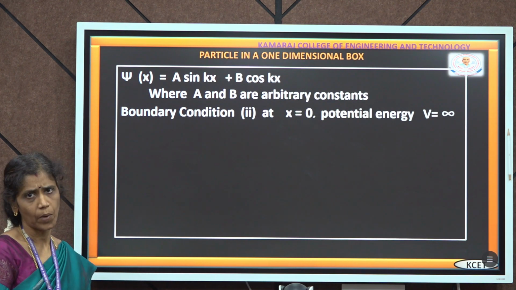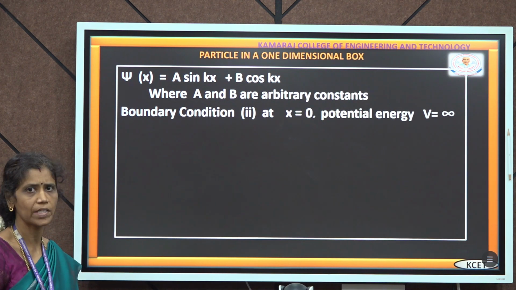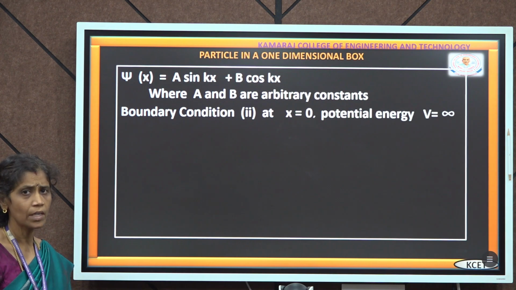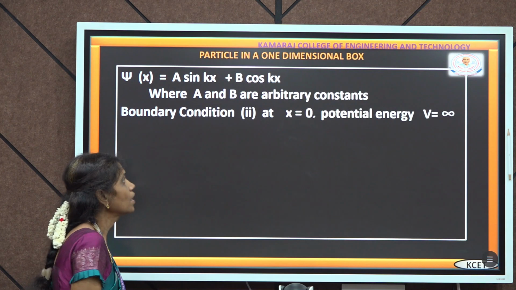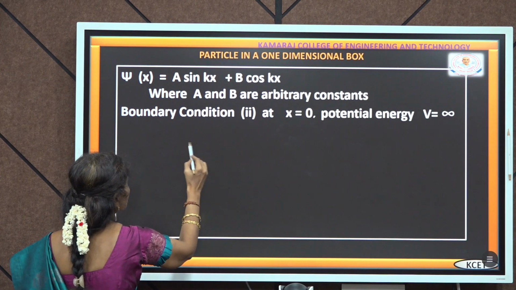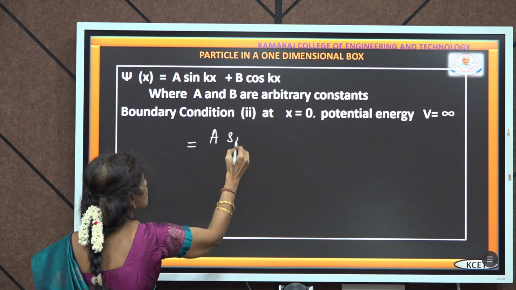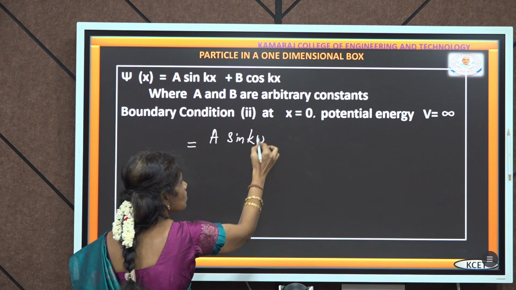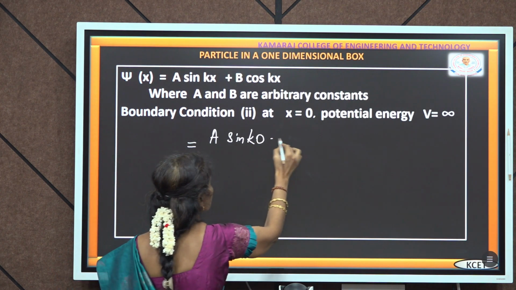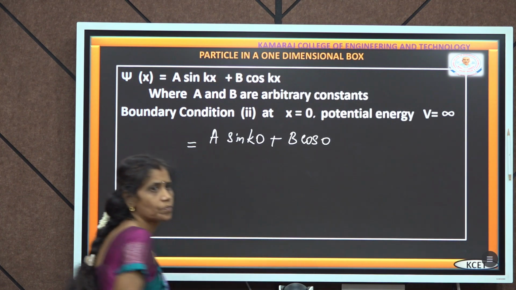So now we apply the first boundary condition, x is equal to 0 and the potential energy is infinity, in the wave function equation, the solution equation. It becomes a sin k, instead of x I am substituting 0, plus b cos 0.